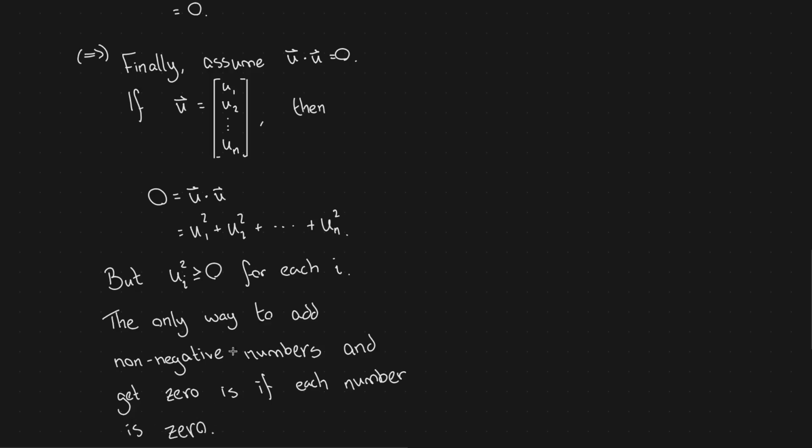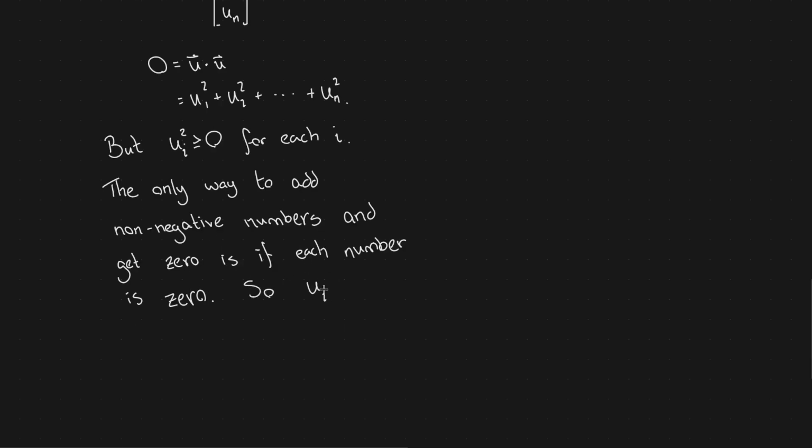And that's exactly what I'm doing here, right? I'm adding a bunch of non-negative numbers because these are squared, they're not negative, and I'm getting 0. The only way I could add a bunch of stuff that's not negative and get 0 is if each number is 0. If any one of these numbers weren't 0, there's no way to subtract it off, right? Because I have a bunch of non-negative numbers. I can't subtract it off.